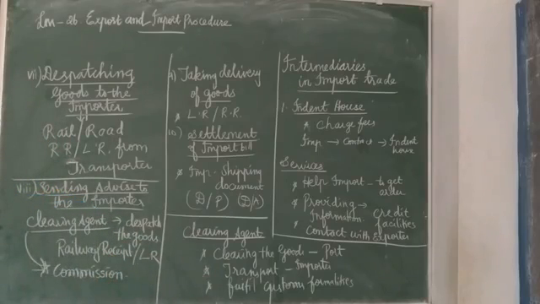The clearing agent fulfils the various formalities on behalf of the importer. He clears all the customs formalities and gets the goods cleared from the port. For that they charge a commission for the service.